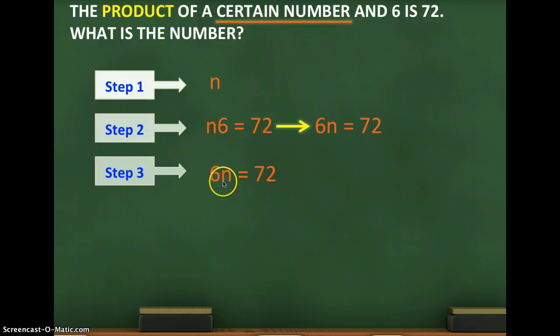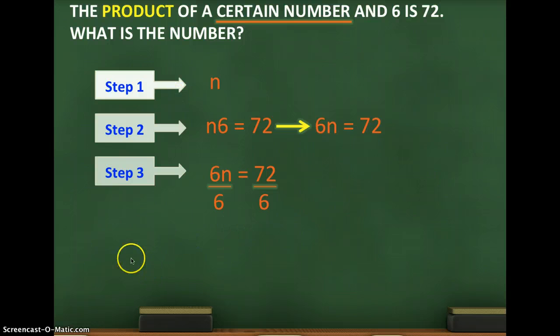The operation is multiplication. To undo multiplication, we should use the inverse operation, which is division. So I'm going to divide both sides, both the left-hand side and right-hand side, by our coefficient 6. Remember that what you do to one side, you should always do it to the other side to balance the equation.